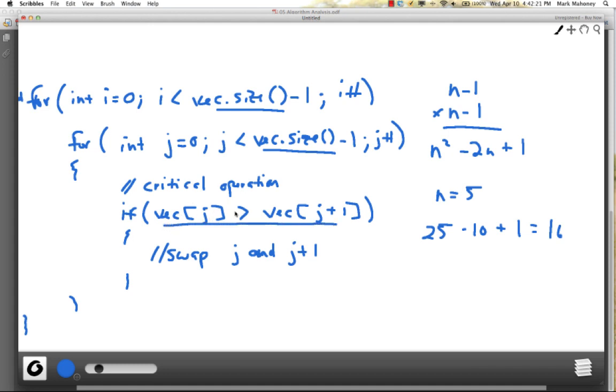In our example, the n was 4, so we have 16 minus 8 plus 1. So that's 9? If you used your debugger and counted exactly how many times the flow of control got to this line, you'd see it's exactly 9 times.